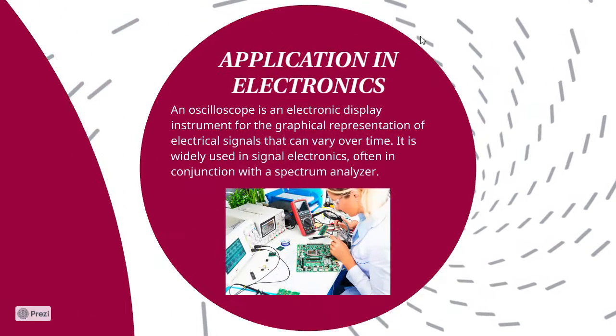Application in electronics. An oscilloscope is an electronic display instrument for the graphical representation of electrical signals that can vary over time. It is widely used in signal electronics, often in conjunction with spectrum analyzers.